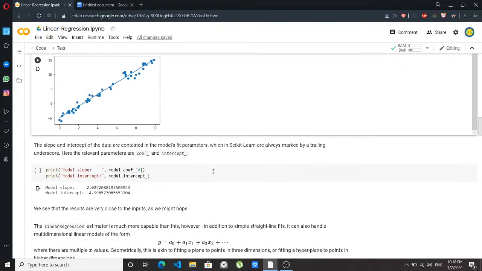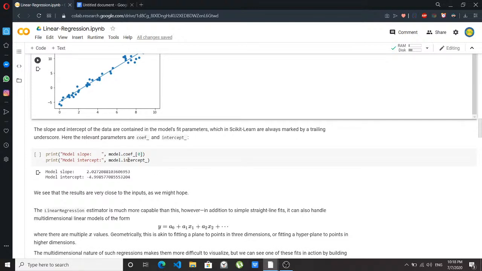You can also see what coefficient and intercept the model found using model.coef_, and coefficients can be many. Right now it is a simple linear model, so there is only one coefficient. So I'm finding only the first value, index 0, and model.intercept_ as the constant.